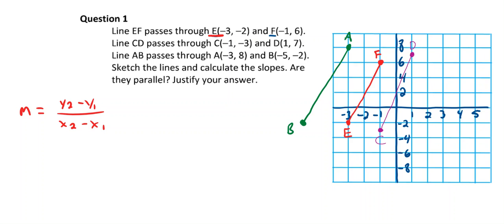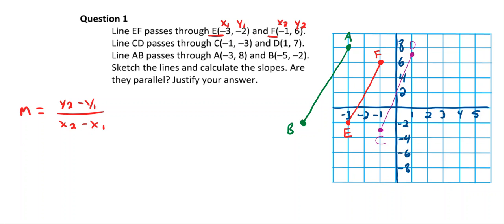Okay, so I like to label them on the picture here too. In this case, this would be our x1 and y1, and this would be our x2 and y2. So now we're just going to throw those into our equation here.